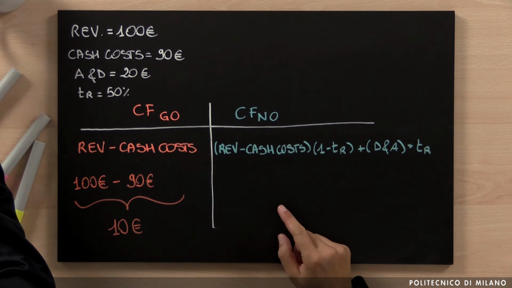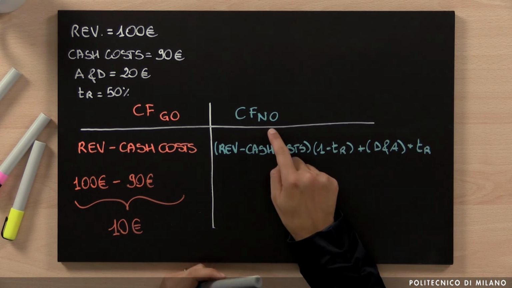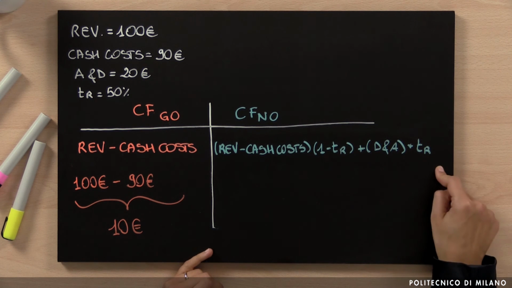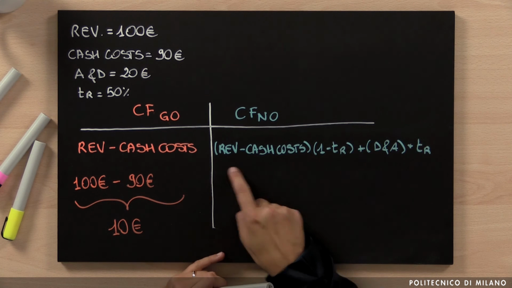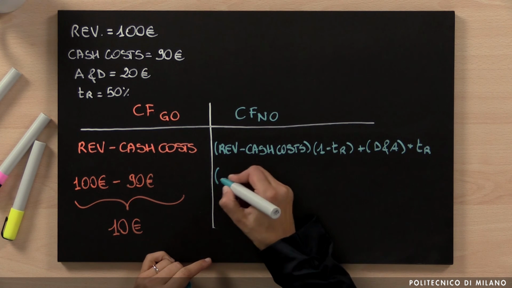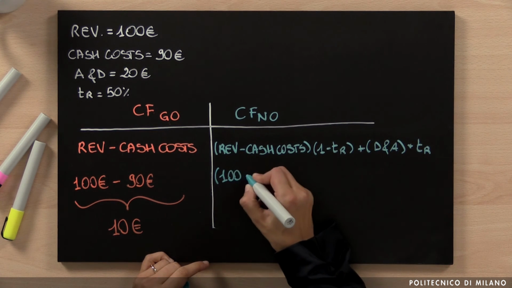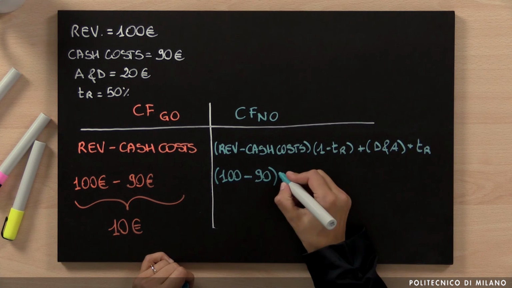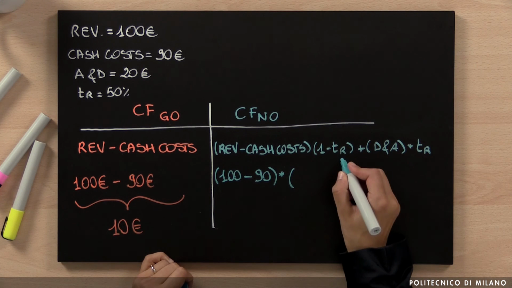Let's move to the second case instead. When we have the cash flow net operating, so we want to include the taxes in the calculation of our cash flow, we need to apply the other formula. We consider the difference between the revenues and the cash costs, so 100 euros minus 90 euros, multiplied by 1 minus the tax rate.